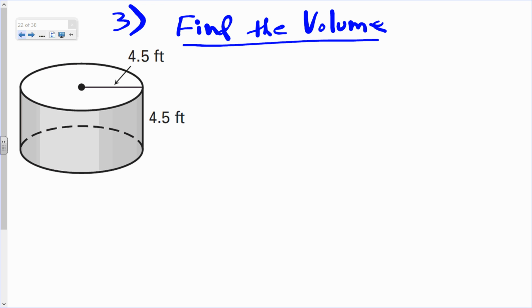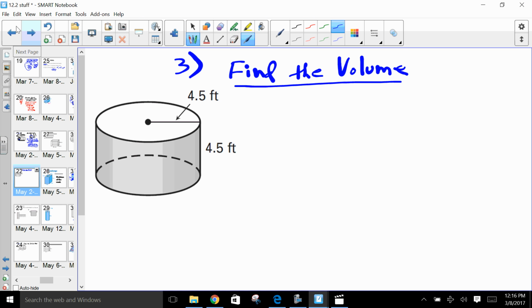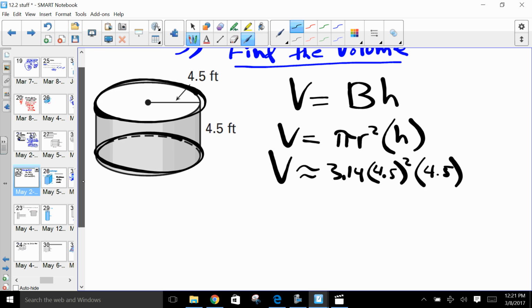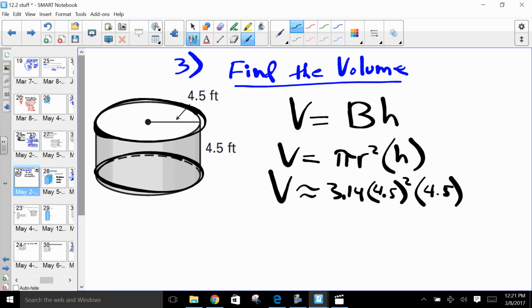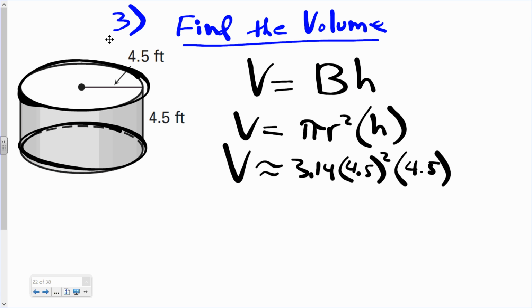Tell you what, let's just do example 3. Go and draw the cylinder: 4.5 radius, 4.5 height. The square, yeah. Always do exponents first. So the area of the circle is pi r squared.